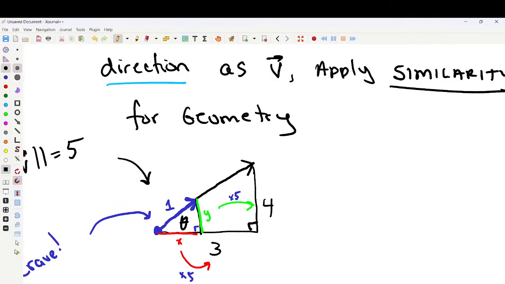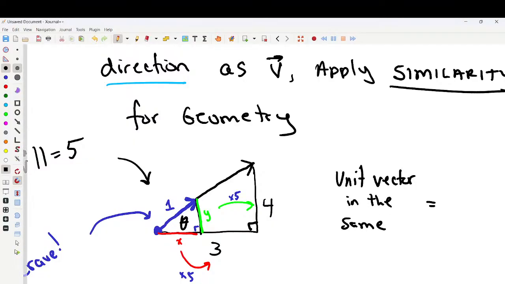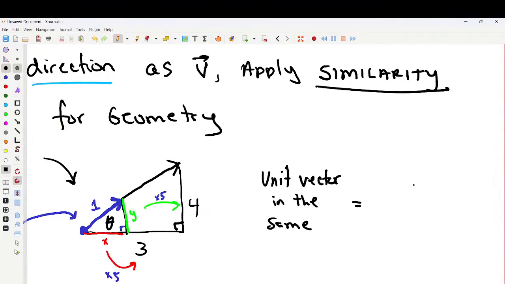What we've just done is the unit vector in the same direction is the original vector multiplied by 1 over the magnitude.